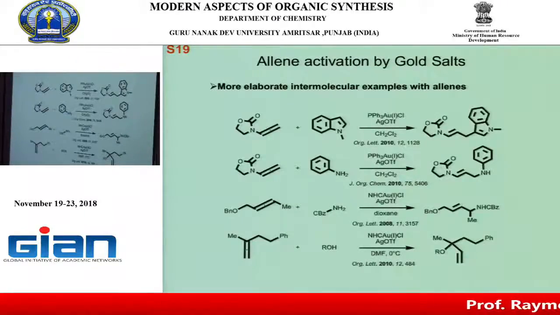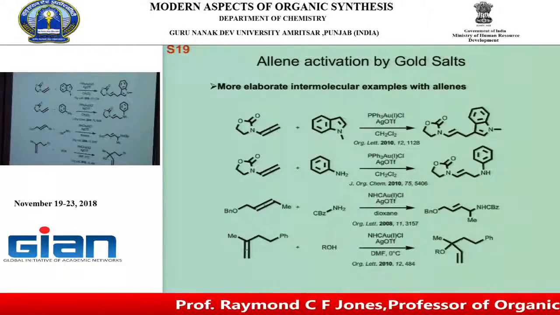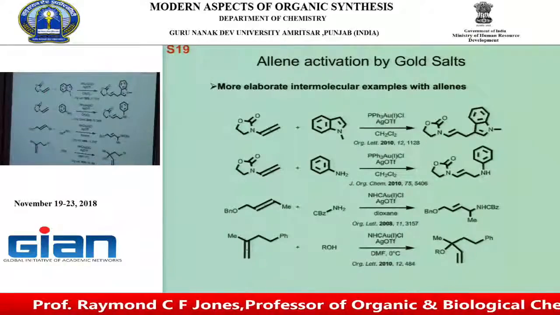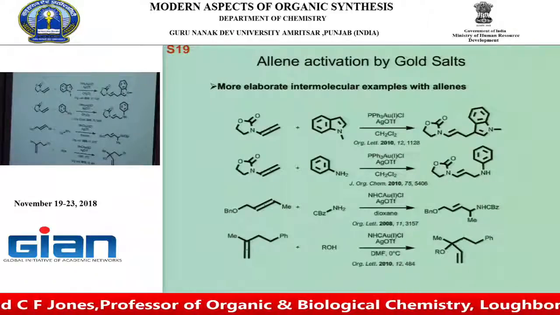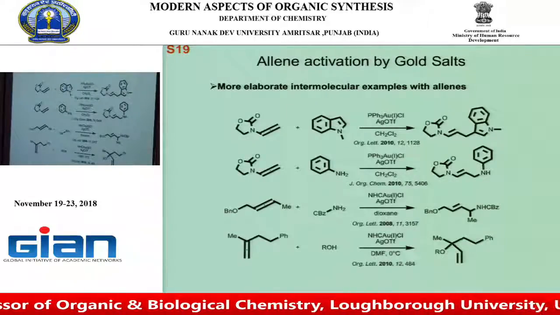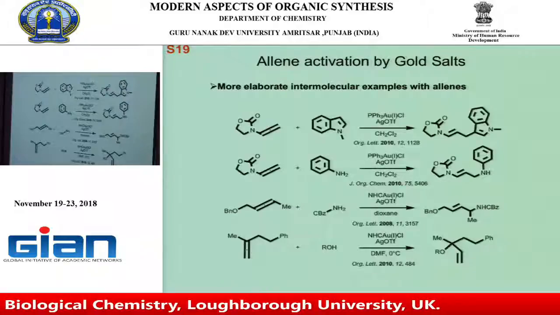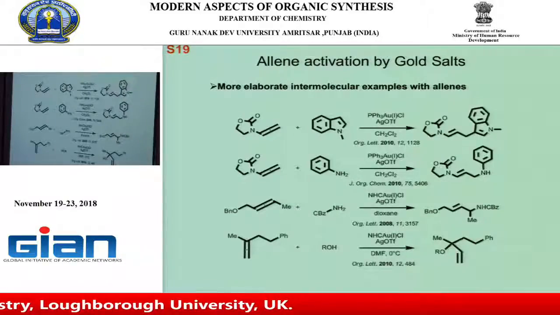Gold will have added to the internal position, so you get a vinyl gold intermediate that then on acidic workup is being protonated to give the hydrogen that is at this position.